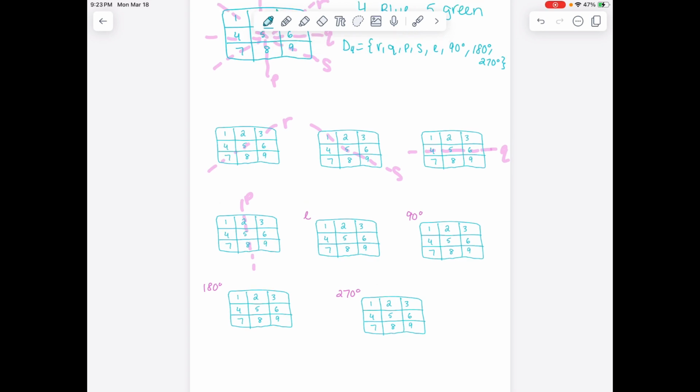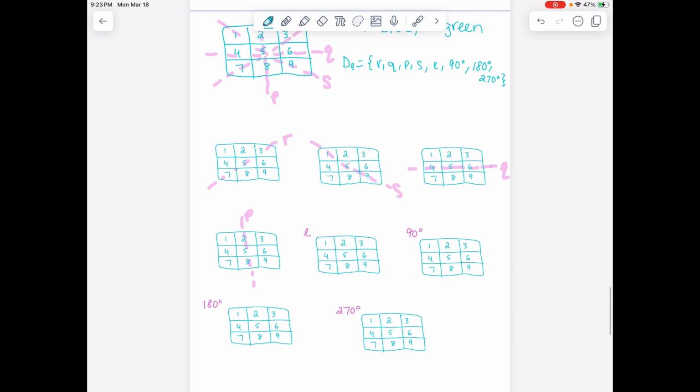So if we're reflecting over R, 1 goes to 9 and 9 goes to 1, 2 goes to 6, 6 goes to 2, 4 goes to 8, 8 goes to 4, and then 3, 5, and 7 are all related to themselves. S is the same structure. 4 goes to 2, 7 goes to 3, 8 goes to 6, and then the remaining 3 are in their own cycle.